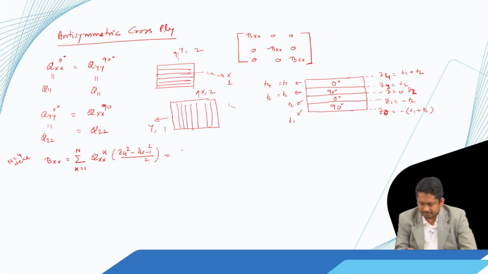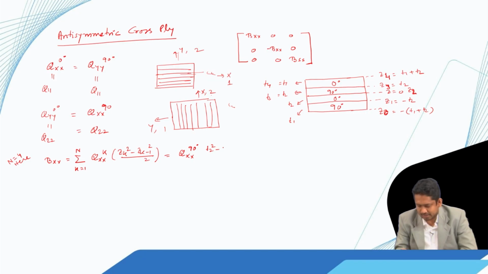If we expand that, what we get here is Q. So, the bottommost layer is the 90 degree layer. So, Qxx of 90 degree layer multiplied by zk square minus zk minus 1 square.